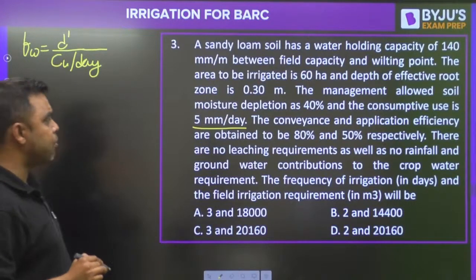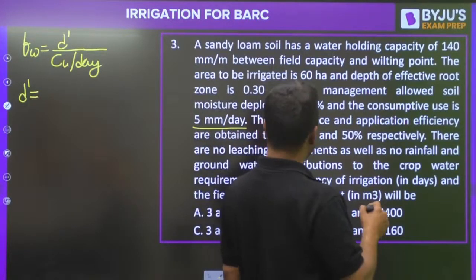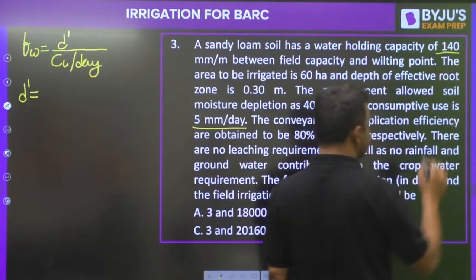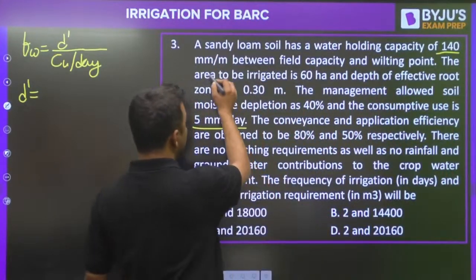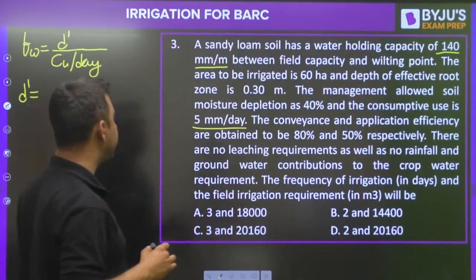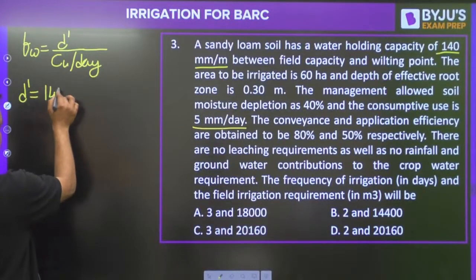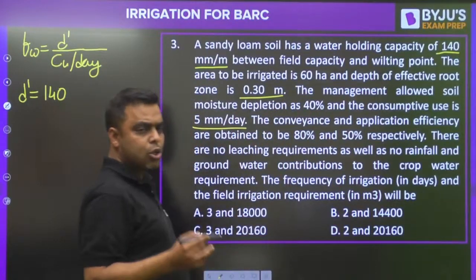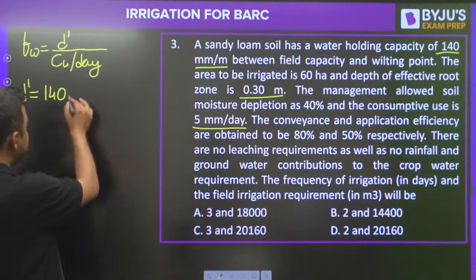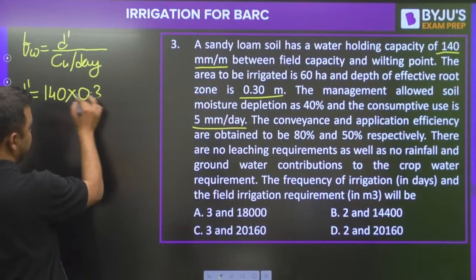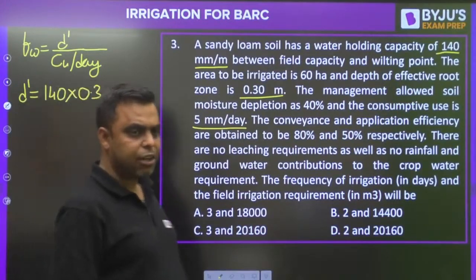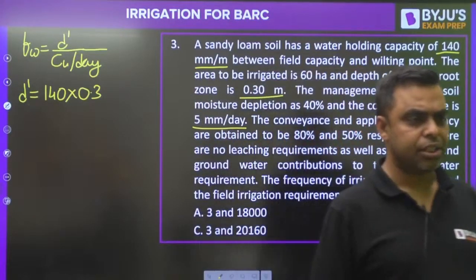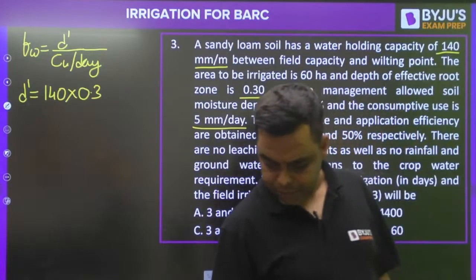Now over here from the question we can see that if the root zone depth is 1 meter, then the water holding capacity is 140 mm per meter, right? But in reality the root zone depth is 0.3 meter. So how much will be the water holding capacity? 140 into 0.3. Clear everyone?